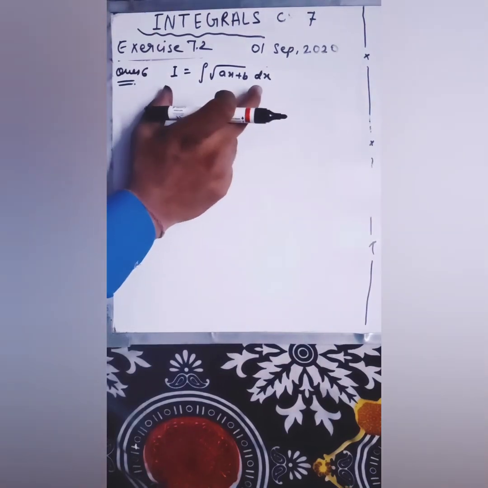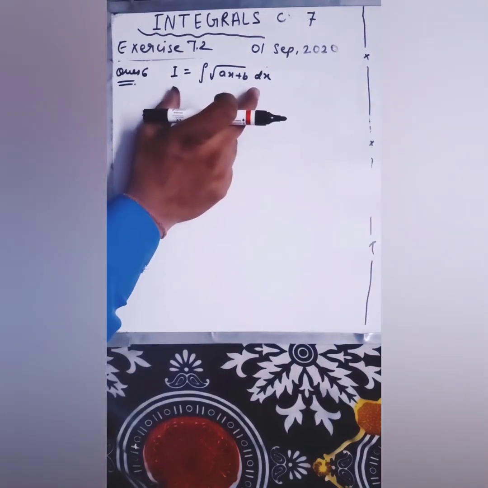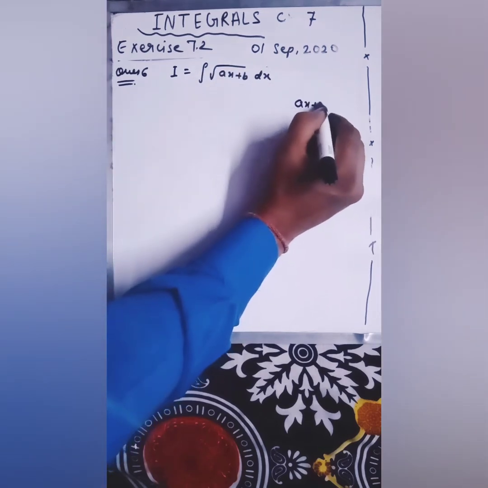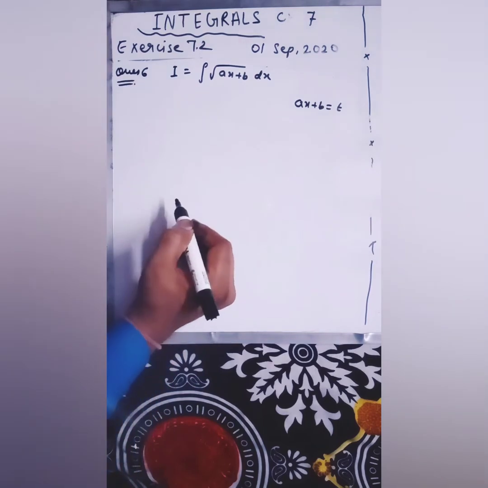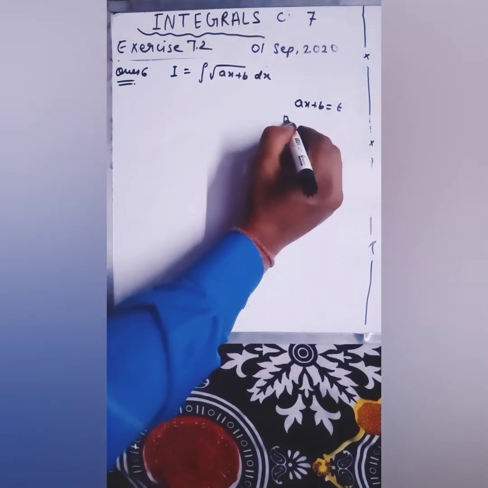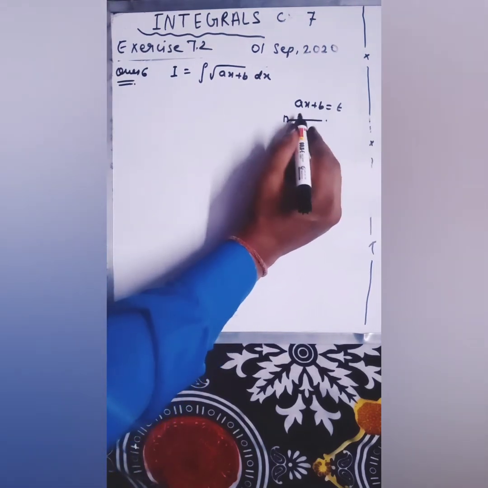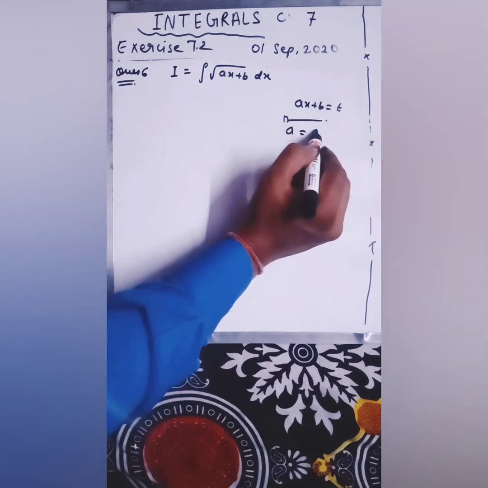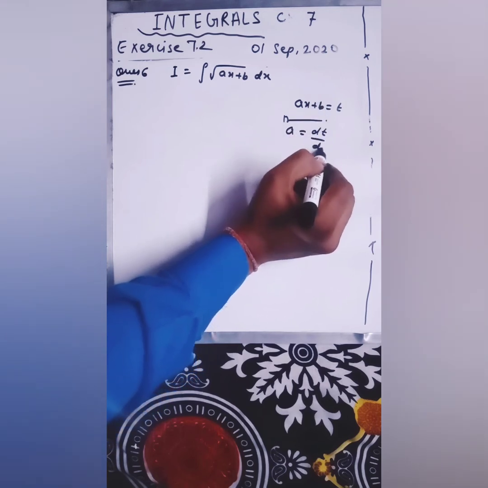Now this is your question number 6. Okay, in this what you have to do, you have to put ax plus b equals t. Now we are differentiating both sides with respect to x, so you will get a only, because the derivative of x is 1, plus this b is a constant, so its derivative would be 0. So a is equal to dt over dx.